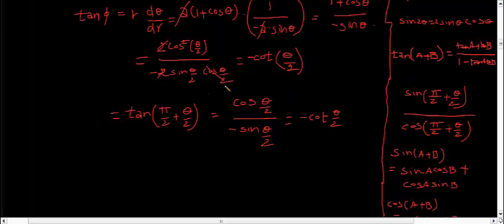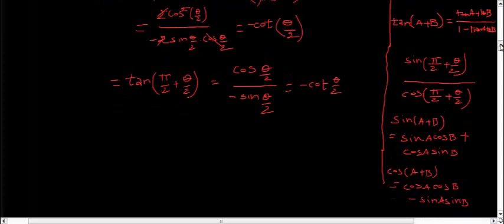So here basically tan of pi by 2 plus theta by 2 is equal to minus cot theta by 2, and tan phi is equal to minus cot theta by 2, which is equal to tan of pi by 2 plus theta by 2, that is nothing but phi equal to pi by 2 plus theta by 2.